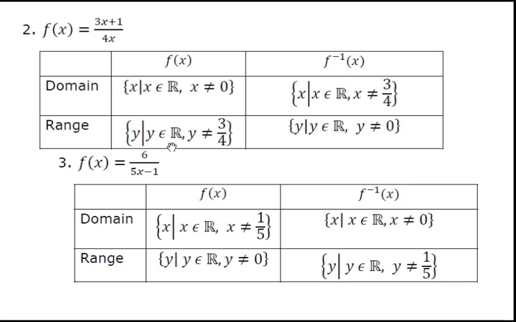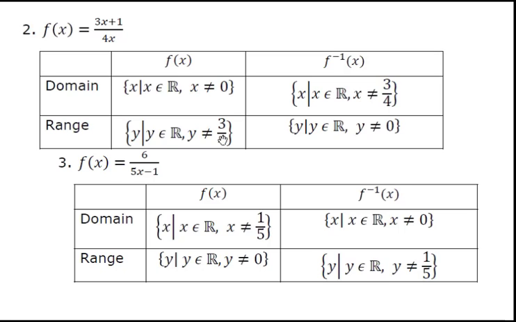So we have a horizontal asymptote y equals 3/4, and the graph of the rational function will not touch the horizontal line y equals 3/4. Meaning, we will not include y equals 3/4 in the range.